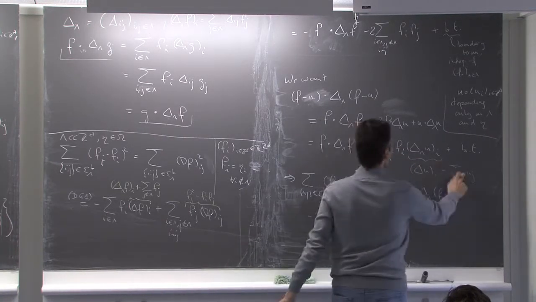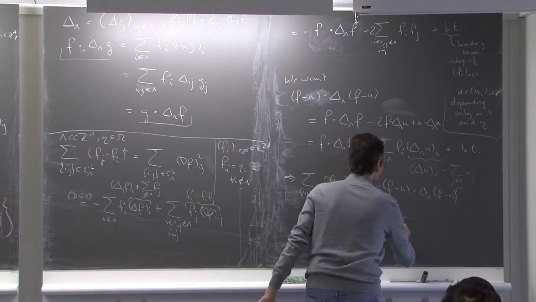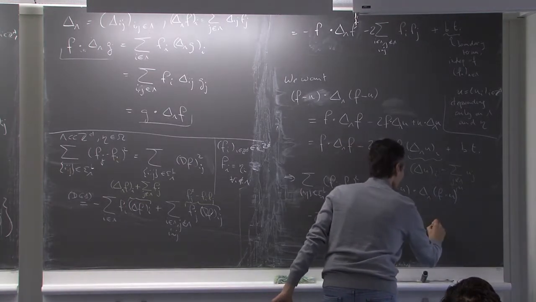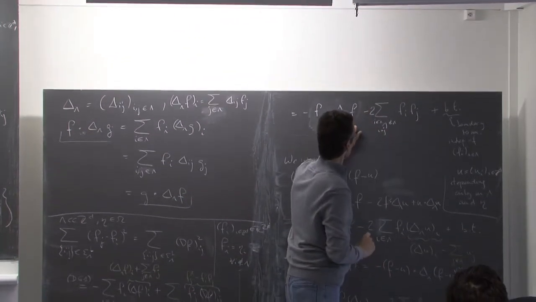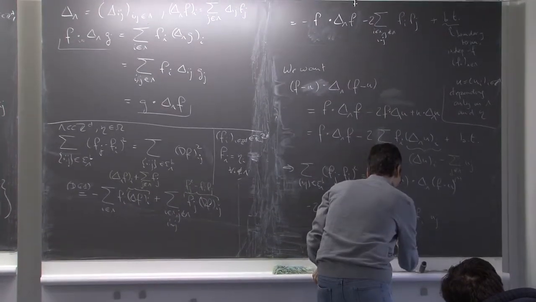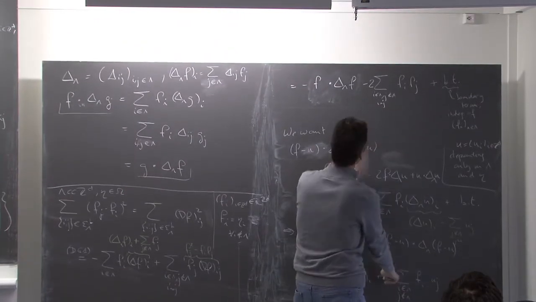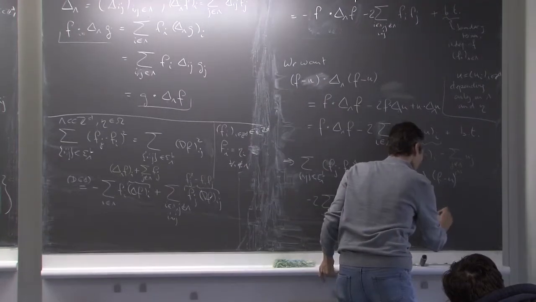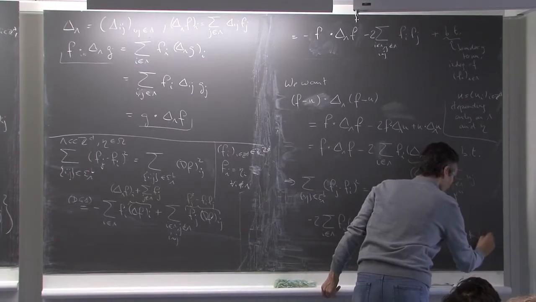Then I get this, which gives me a plus 2, because there is a minus 1, sum over i in lambda f_i u_j. And then I still have this term here, which gives me exactly the same type of sum, over i in lambda, j not in lambda, j neighboring i. So it's exactly the same type of sums here and there, I have the same coefficient 2, I have the same f_i. The only thing is that I have a minus f_j now, so it's u_j minus f_j. Okay, plus boundary terms, which are irrelevant.